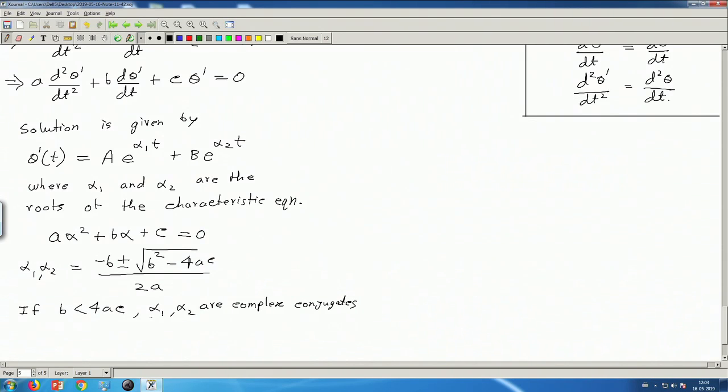Okay, and therefore you can rearrange these terms and you will find the solution.